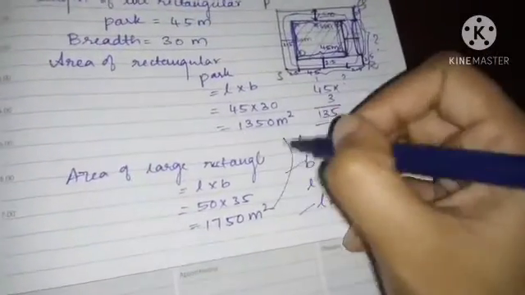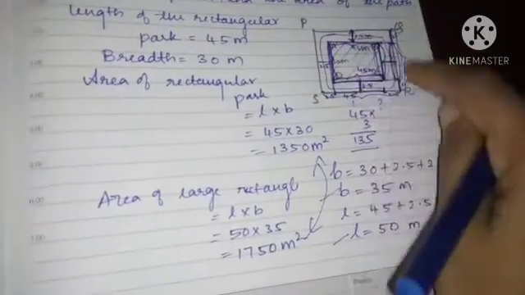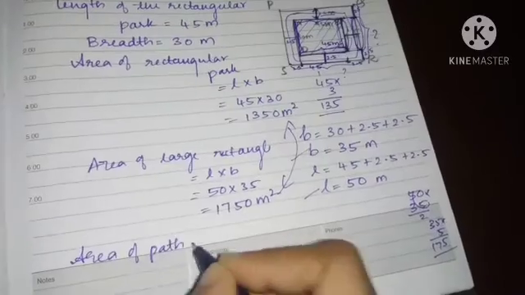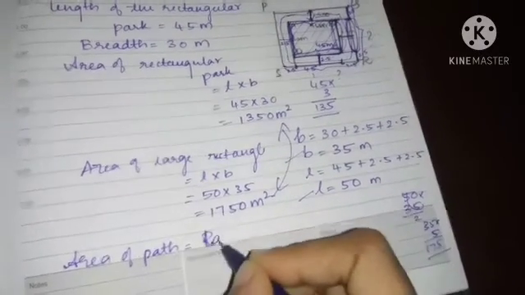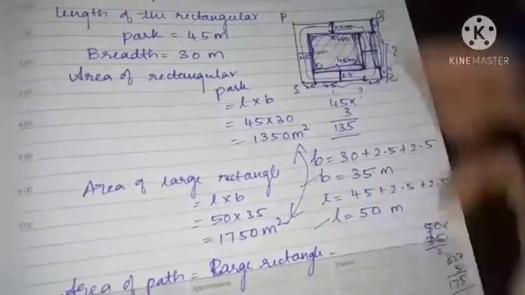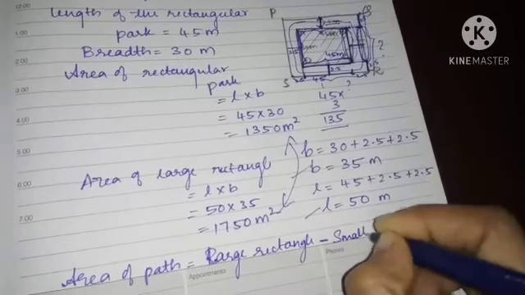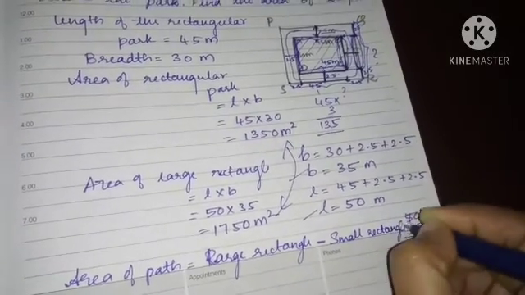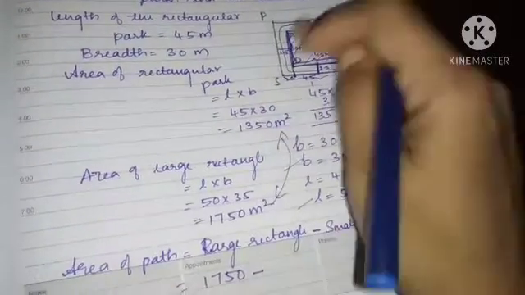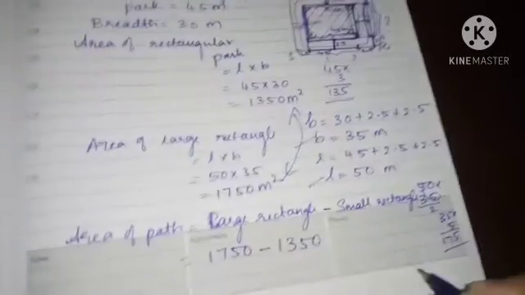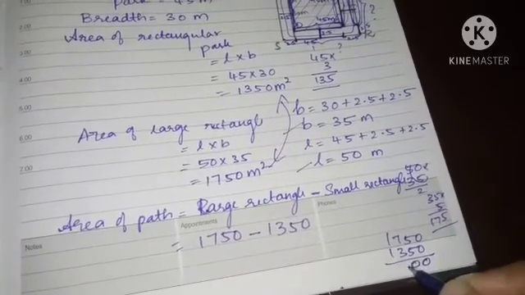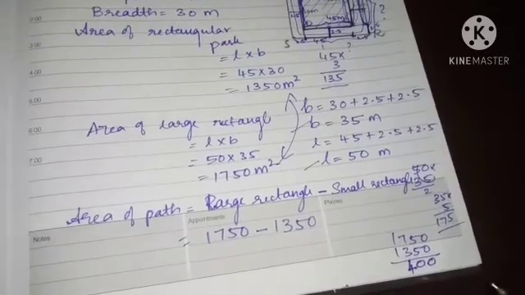So if you subtract these two, will you get the area of the path? Yes. Area of the path is equal to the large rectangle minus the small rectangle. Large rectangle area is 1750 minus small rectangle 1350, which is 400.